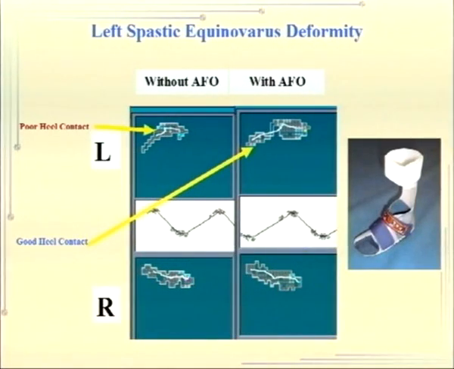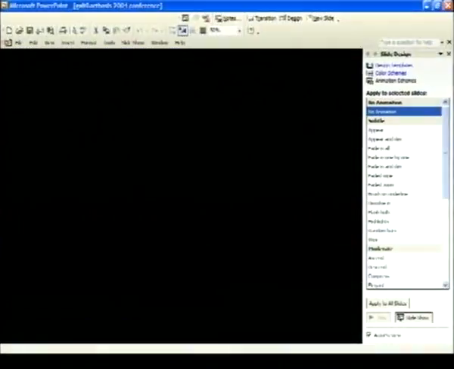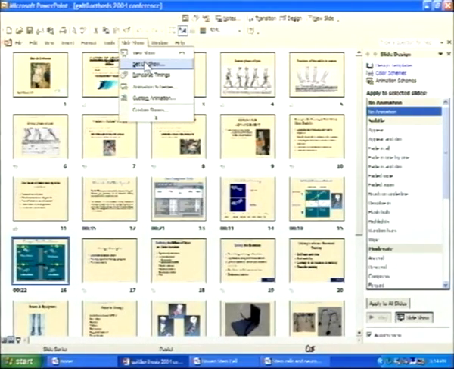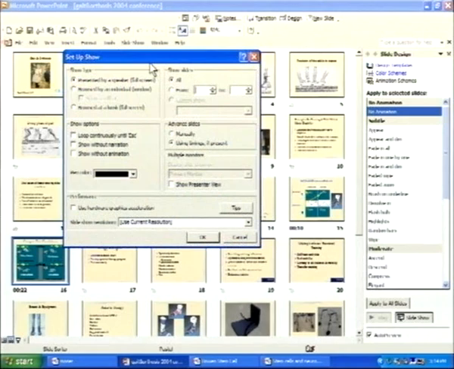So this is an example of using this device for looking at the differences between someone who's wearing one of the more common orthotic devices, which is an AFO, versus not wearing it. And you can look at the voxels, or the little boxes, and see how much pressure is occurring.